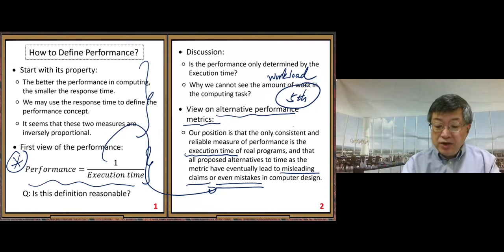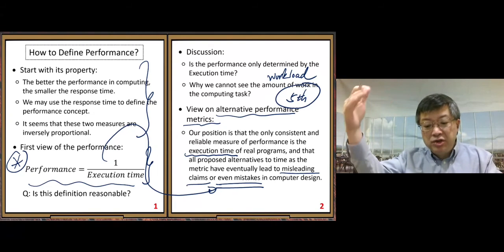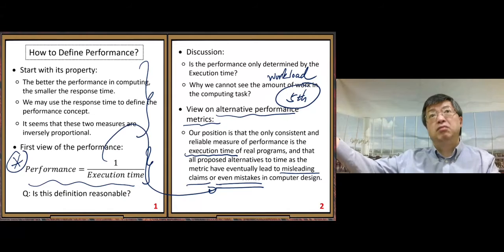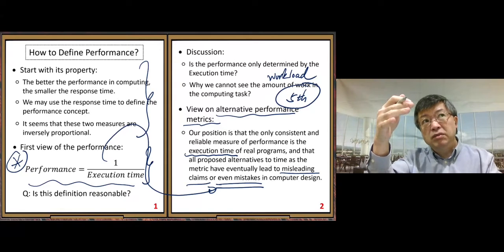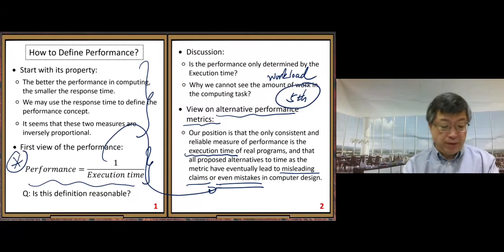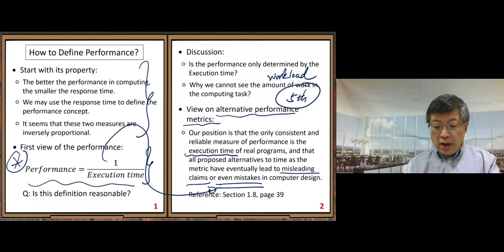But it does not mention this definition, right? It just says general alternative performance metrics other than execution time. Execution time looks safe, looks reliable, but this one does not. I also give the reference in the textbook.